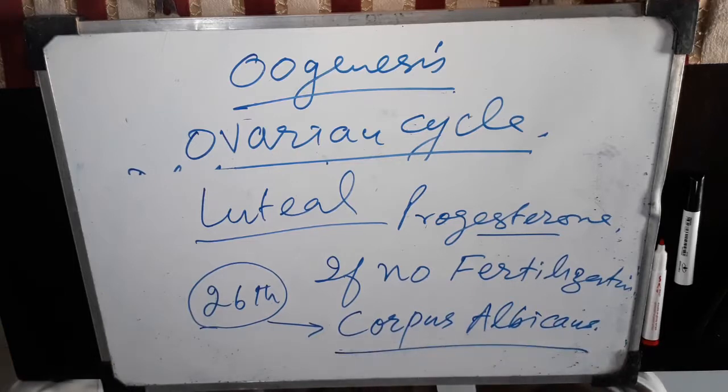So this is the ovarian cycle: first the pre-antral phase, then the antral phase, then the pre-ovulatory phase, then ovulation, then the luteal phase, then the degenerative or ischemic phase, corpus albicans. The bodies of the follicles which degenerate before becoming Graafian follicles are known as corpus atreticum.